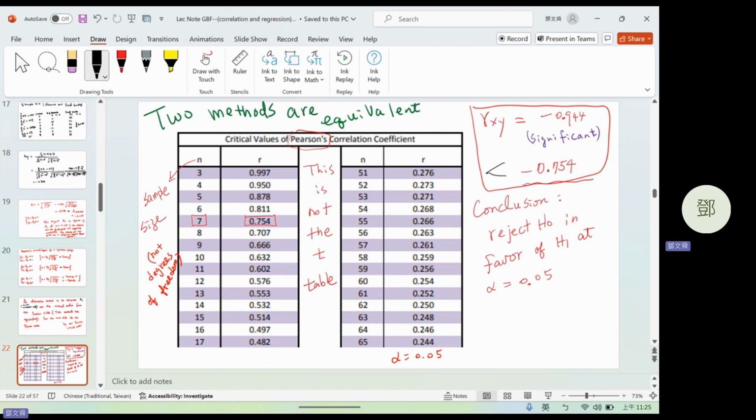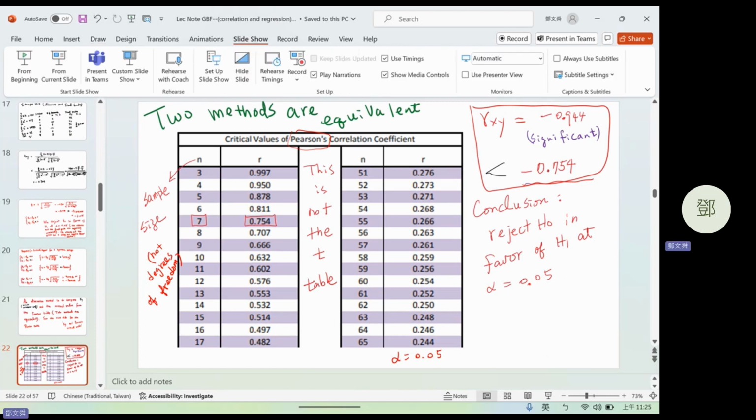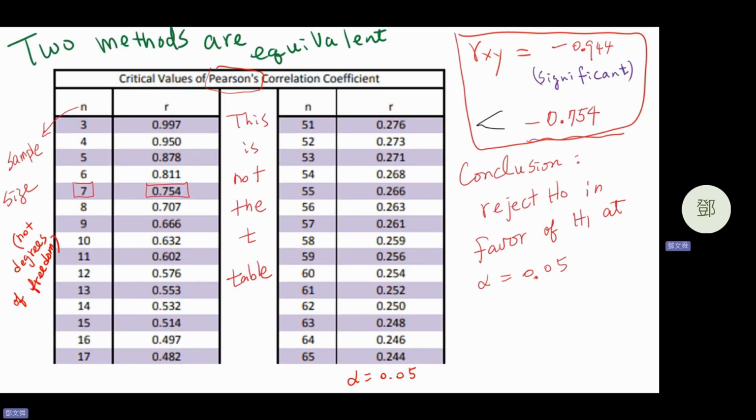So the conclusion is also the same as what we have drawn before. Based on this critical value, we reject the null hypothesis in favor of H1 at alpha equal 0.05.